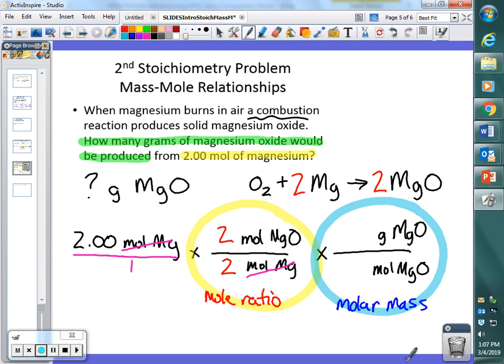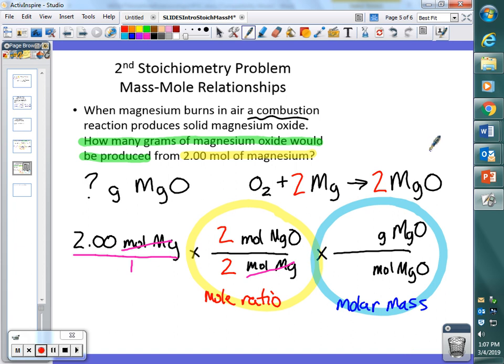Where do we find the molar mass? On the periodic table. Now, here's something we have to keep in mind. First, this is a molar mass.